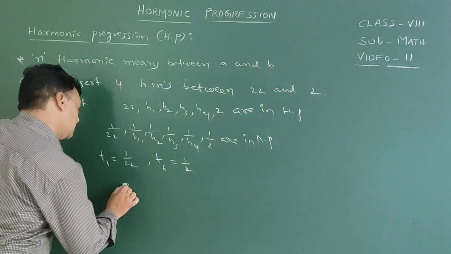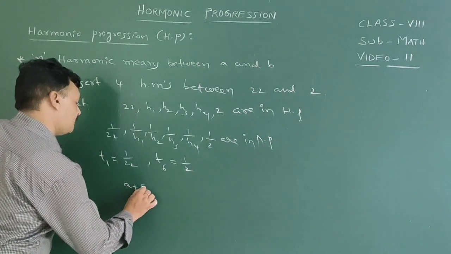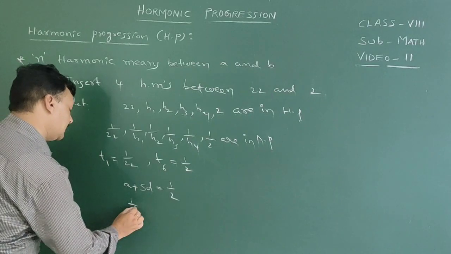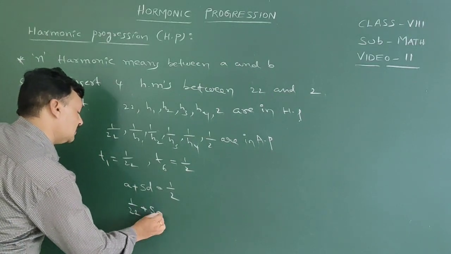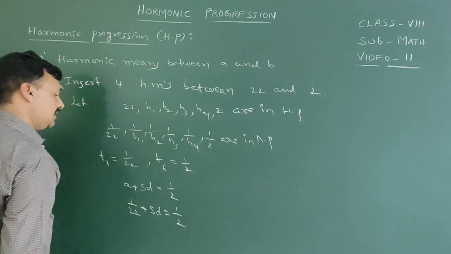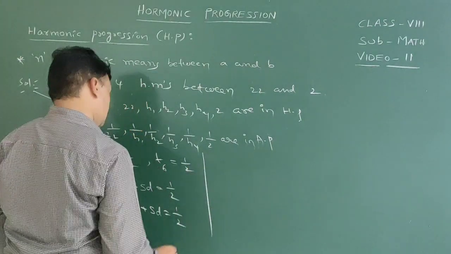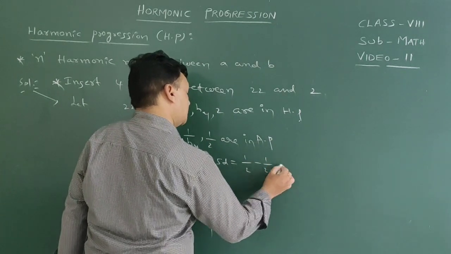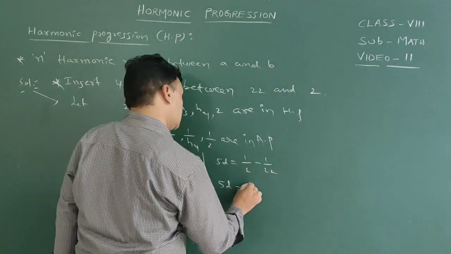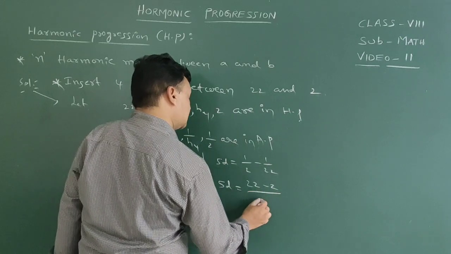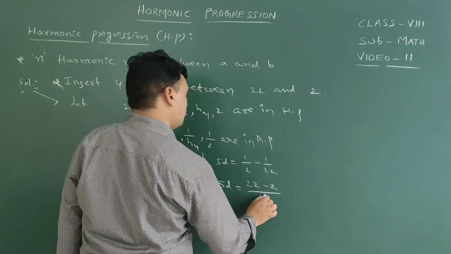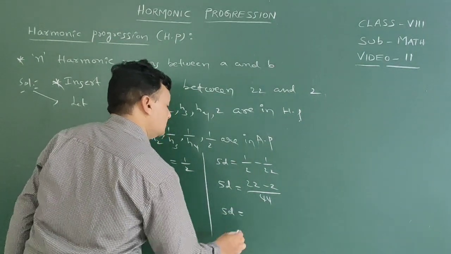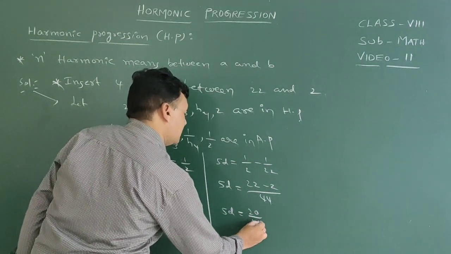Now T6 means A plus 5D equal to 1 by 2. Here A is 1 by 22, so 1 by 22 plus 5D equal to 1 by 2. Now 5D equal to 1 by 2 minus 1 by 22. 5D equal to 22 minus 2 by 44. 5D equal to 20 by 44.